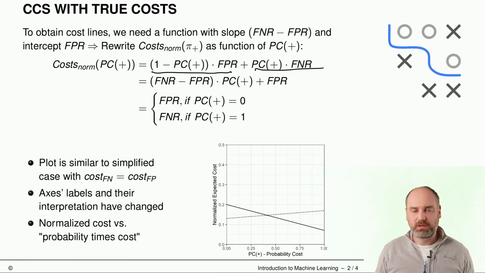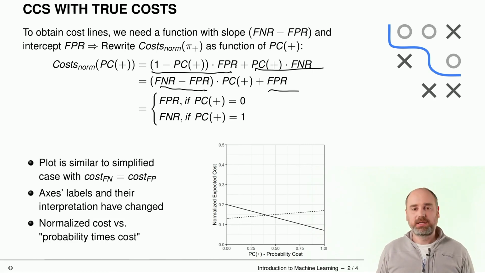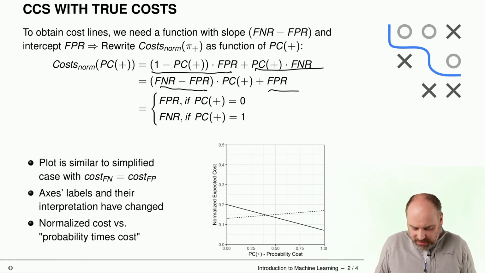And now we just reorder terms ever so slightly, so we collect everything that belongs to PC plus, because this is a function in terms of PC plus. This is our slope, and this is our intercept. So this is the regular form that we also had before in the first plot for cost curves based on the misclassification error. So we now have exactly the same duality.